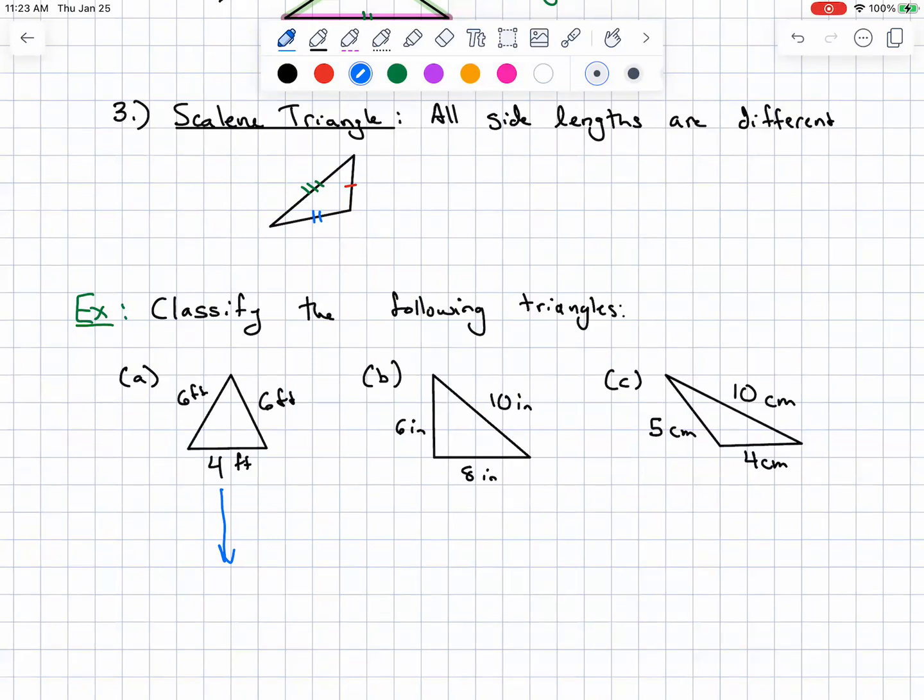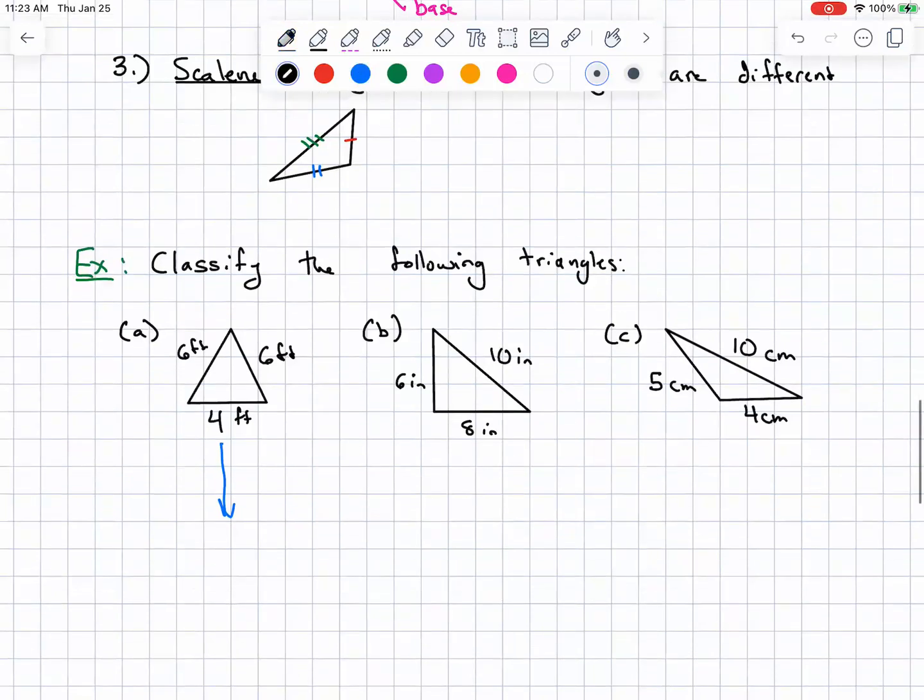If the bottom one was also 6 feet, then it would be equilateral, but instead it is going to be isosceles. It's isosceles because two side lengths are the same. In addition to that, we see that all the angles are acute, so it's isosceles and acute.